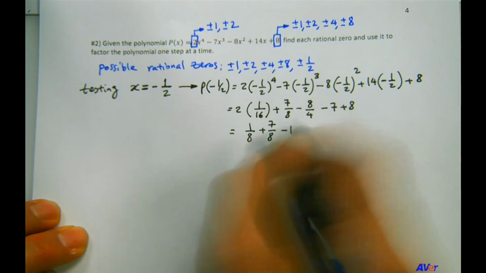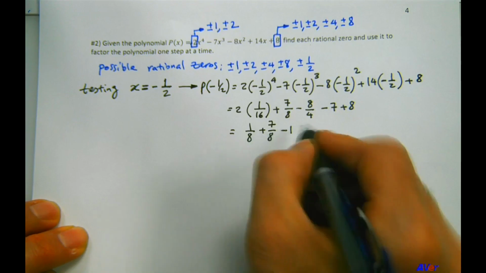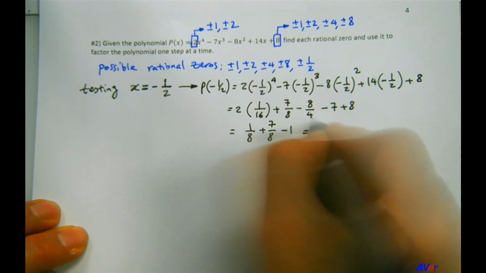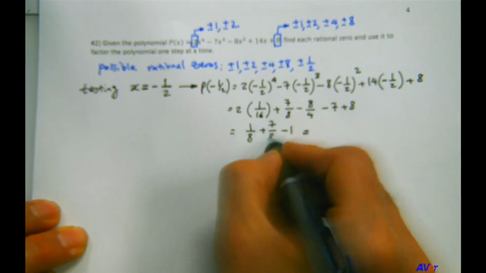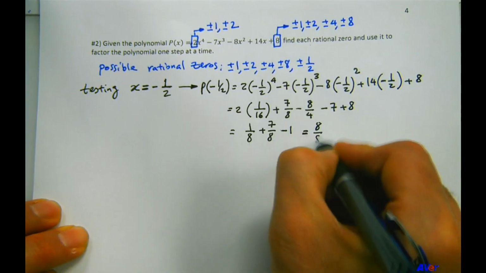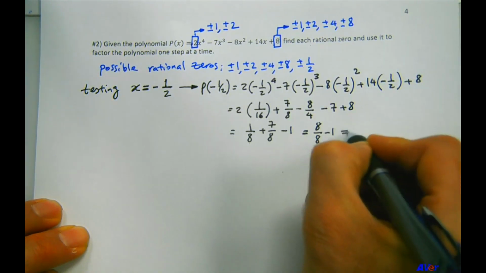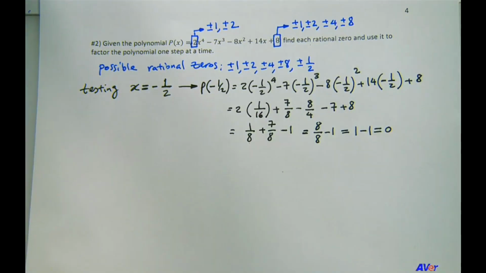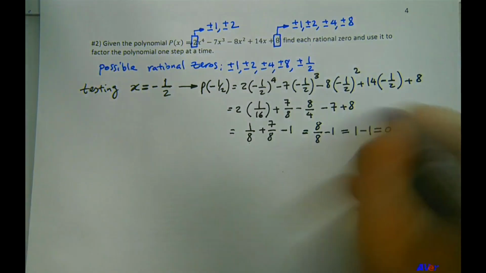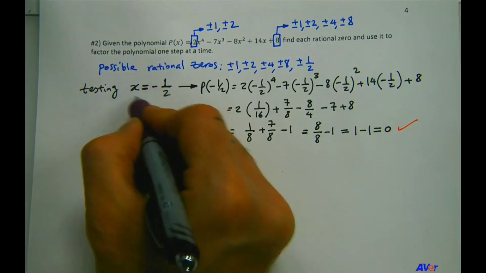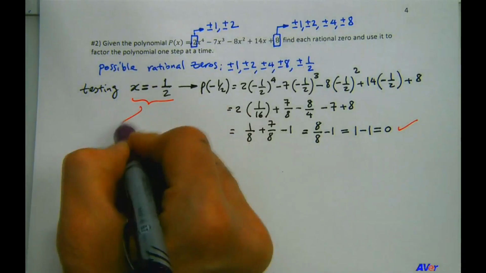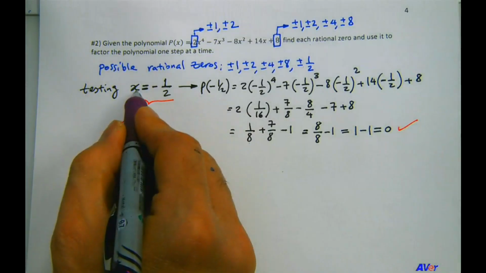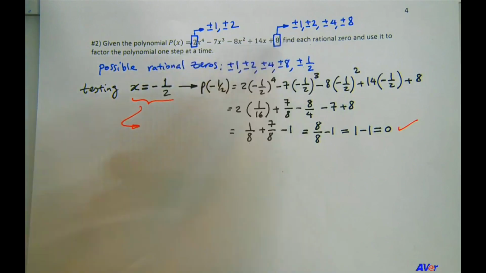Okay, and then if we continue, what do we get? 1/8 plus 7/8, it's 8/8, minus 1. That is equal to 1 minus 1 equals 0. So this checks out. So x equals minus 1/2 is a 0 of that polynomial.